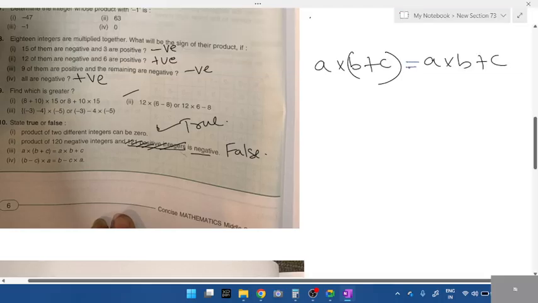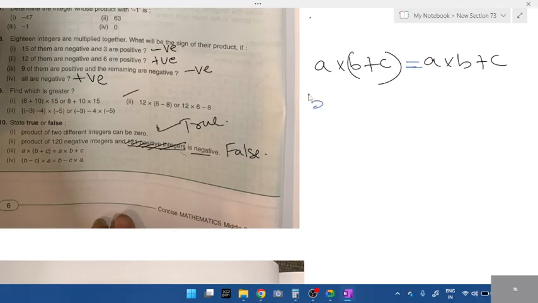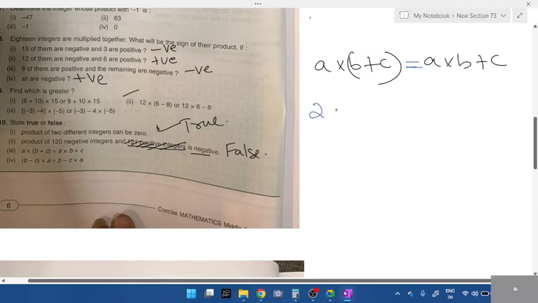See, I'll tell you. Convert into numbers, Alicia. For A, we'll take 2. For B, we'll take 3. And for C, we'll take 4. Even on this side, for A we took 2, for B 3, and for C 4.